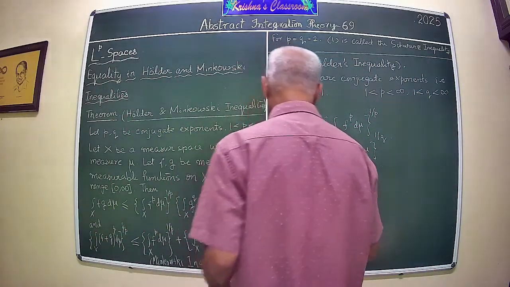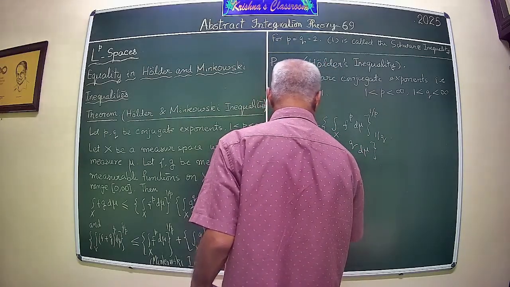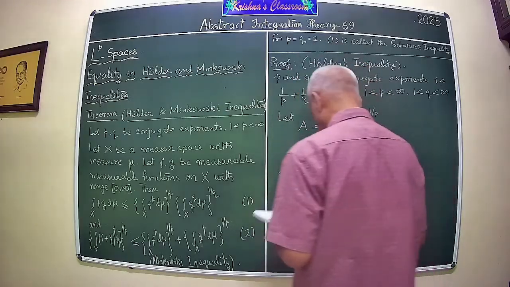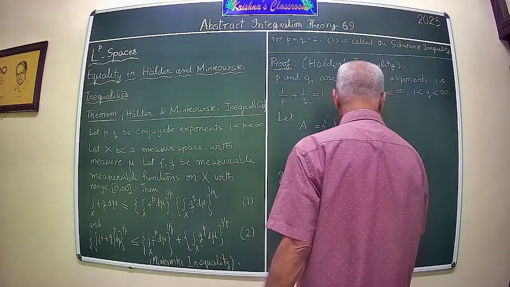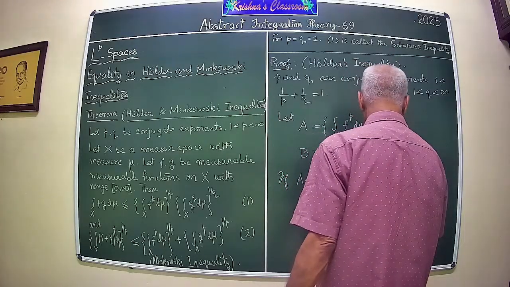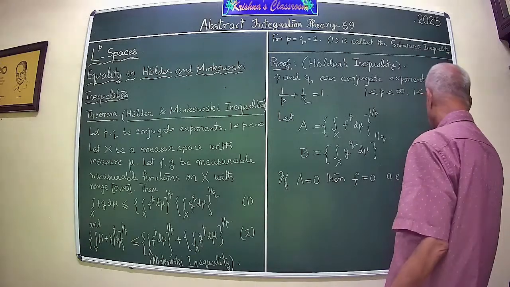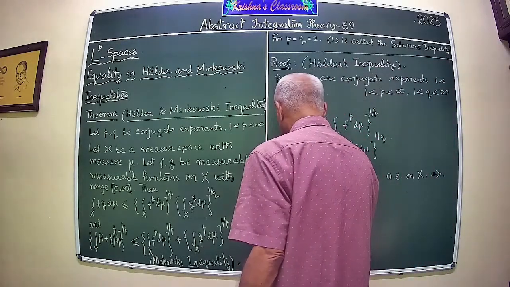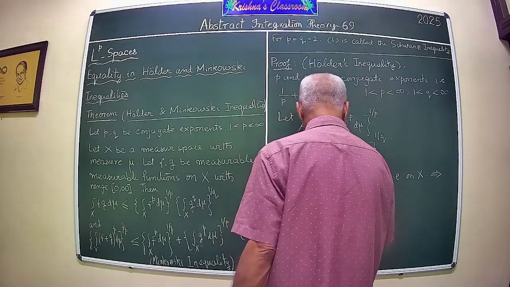Okay. If A equal to 0, this means this integral vanishes. Then f is equal to 0 almost everywhere, which implies fg equal to 0 almost everywhere on x.